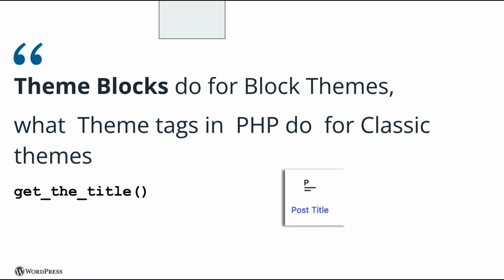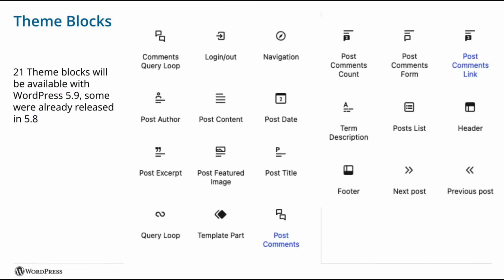So you will see here the full list right now that's in the Gutenberg editor. There are 21 theme blocks that will be available in WordPress 5.9. Some were already released in 5.8, but it's all kind of a bit overwhelming, I can see, definitely.